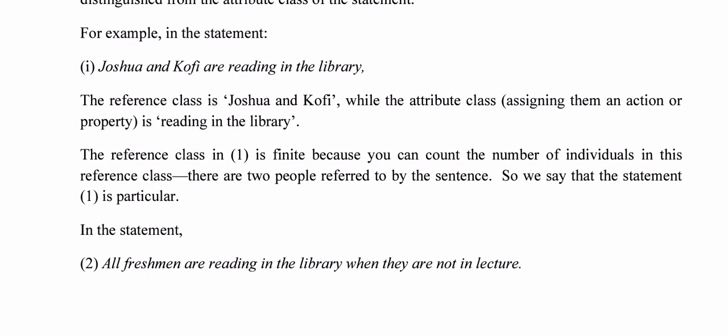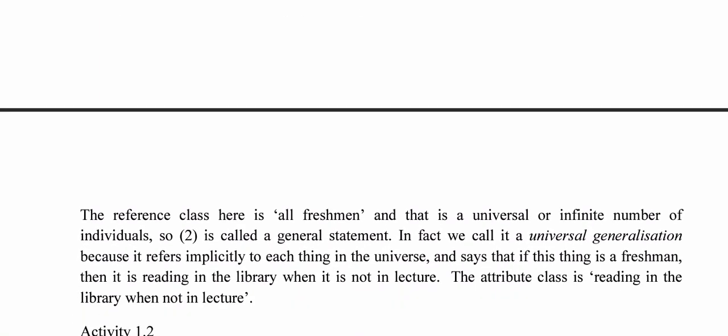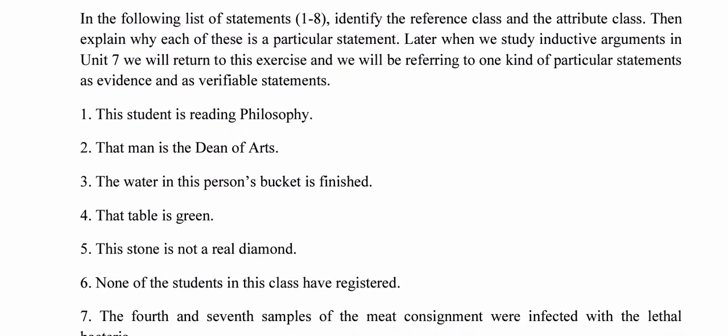So Joshua and Kofi are reading in the library is a particular statement, whereby the reference class is Joshua and Kofi, and the attribute class is reading in the library. But when it comes to statement 2, all freshmen, it's general. We are referring to all freshmen. So that's the key point you should note in identifying general and particular statements.